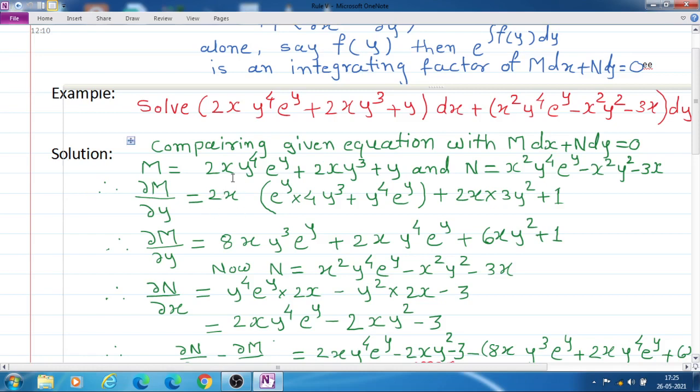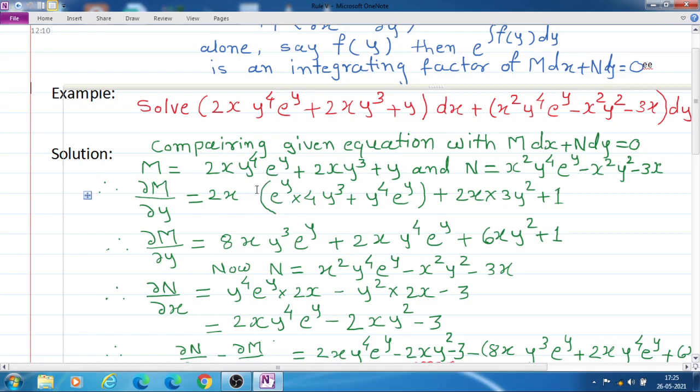Therefore in this first term, x is constant, 2 is constant, 2x is constant, I have written it outside, and we have to take the derivative of y^4 into e^y with respect to y. Since here there is a product of two terms, we take the derivative by using the product formula.